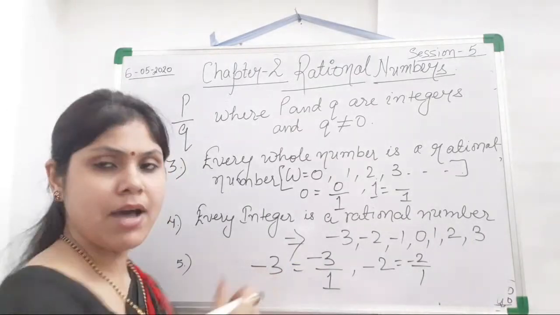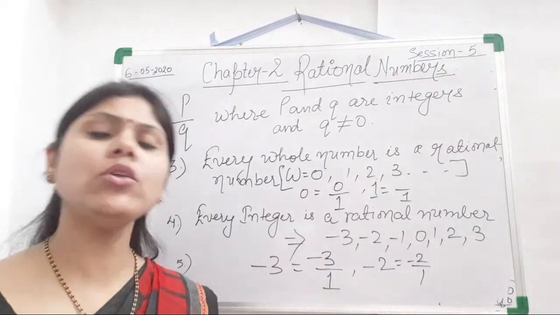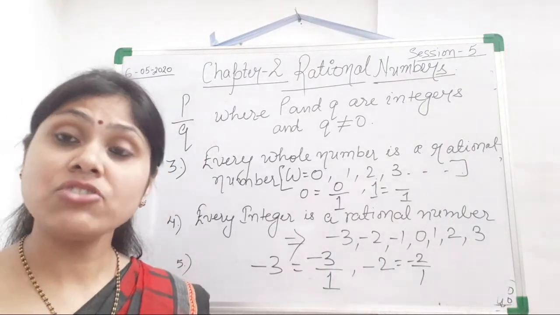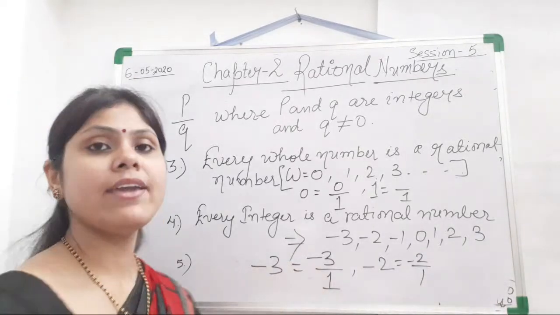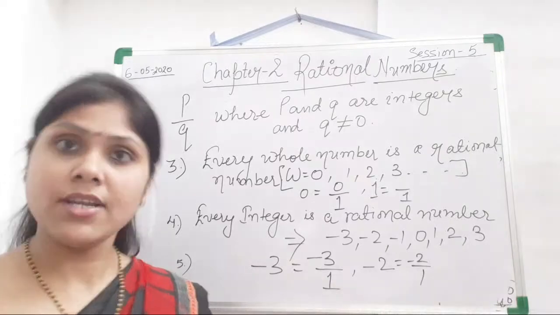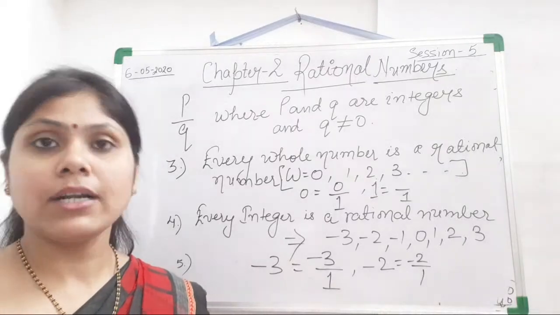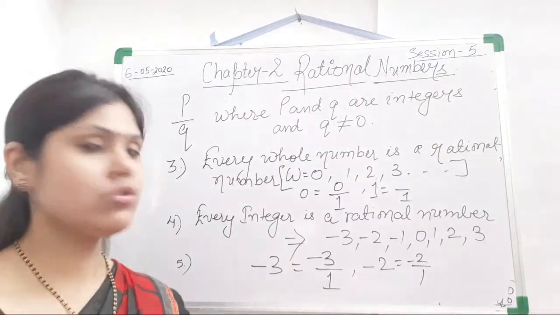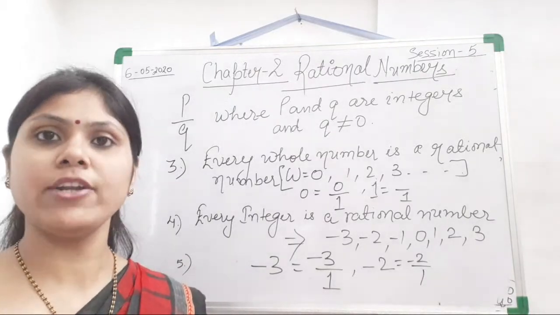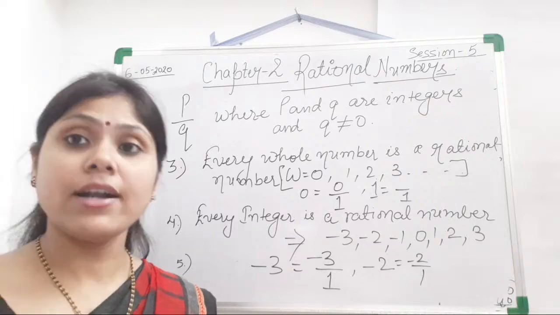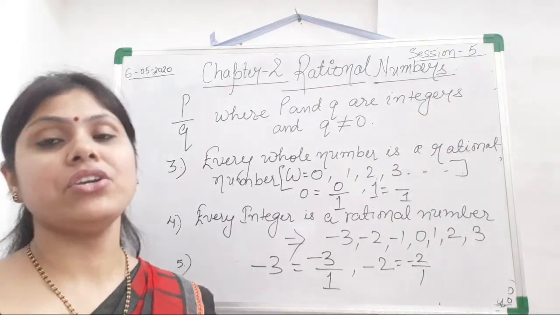If -3 is given, you can put -3 upon 1 on your own. So it is in the form of P by Q, and Q is not equal to 0, and P and Q, numerator and denominator, are both integers. That means it is a rational number.